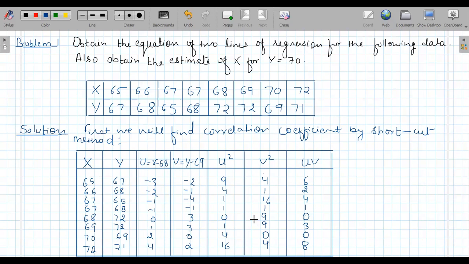So by changing the scale, the values become quite smaller. Now we find the correlation coefficient between u and v. You can see that I have tabulated here the values of u and v, the values of u square, v square, and the product of u and v.